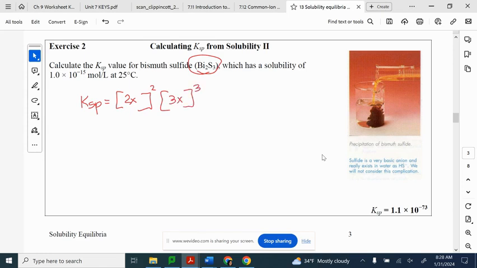What does x equal? That number. So substitute that number in, and then you can solve for KSP. And you should get that.